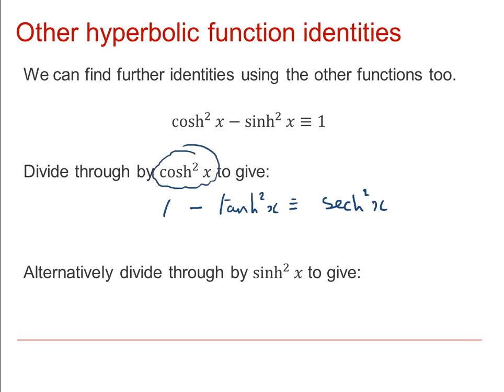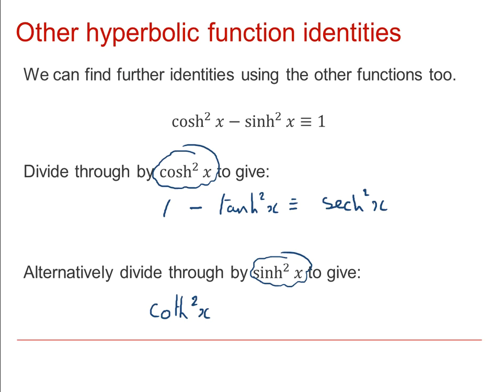And we could also do a similar thing, dividing through this time by sinh squared x. We get cosh squared over sinh squared. Well, that's 1/tanh, which is the new function that we've got, coth. So that's coth squared x.